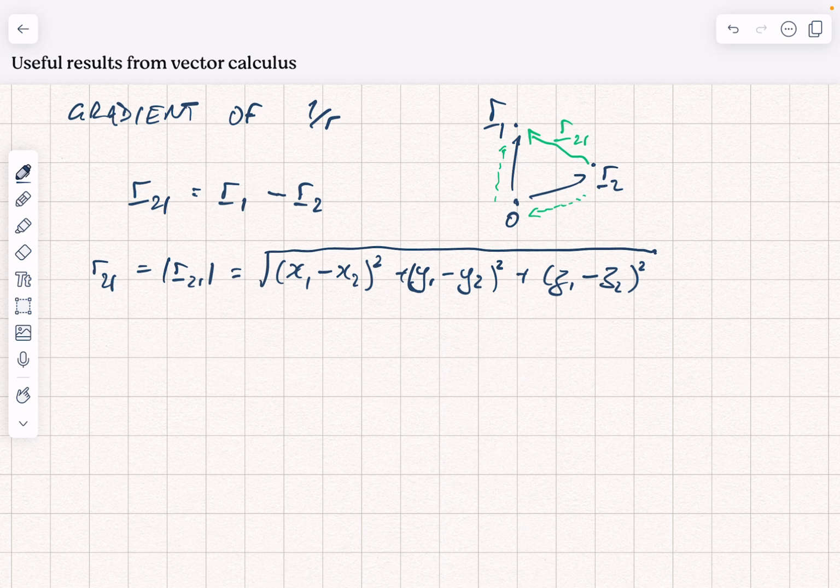So let's think now about the x component of the gradient with respect to r1 of 1 over r21. I'm going to put square brackets with a little x at the bottom to indicate that we're taking the x component.